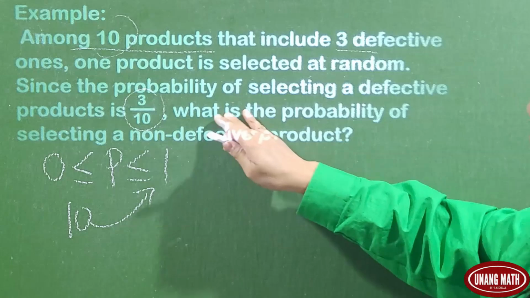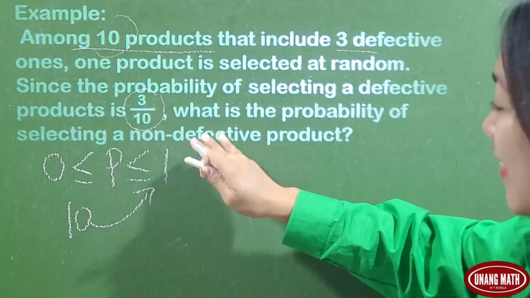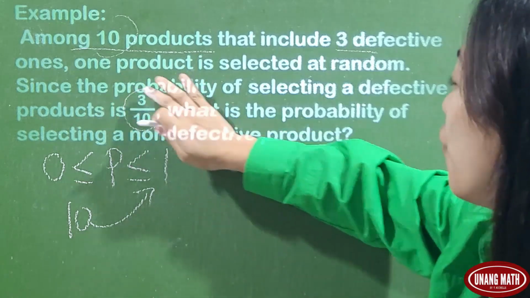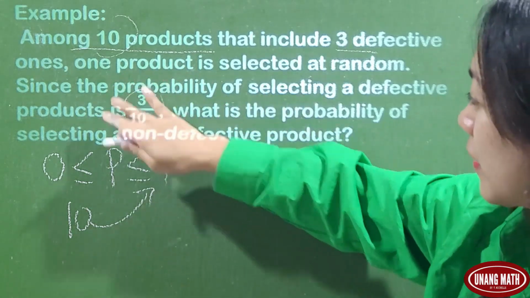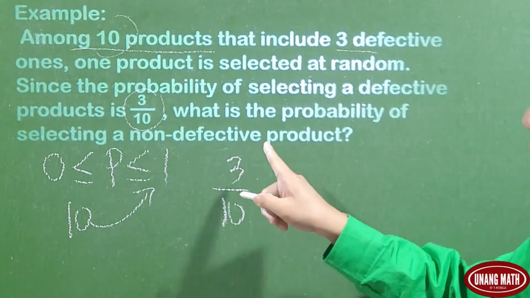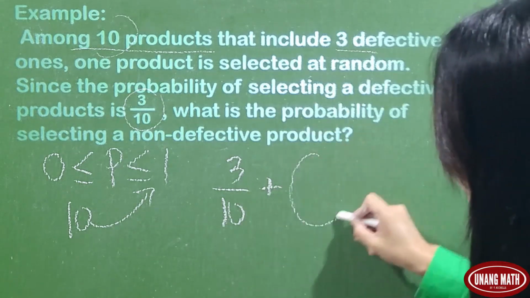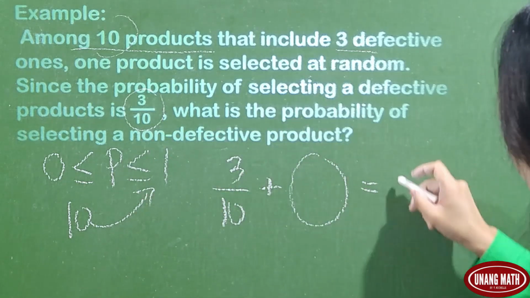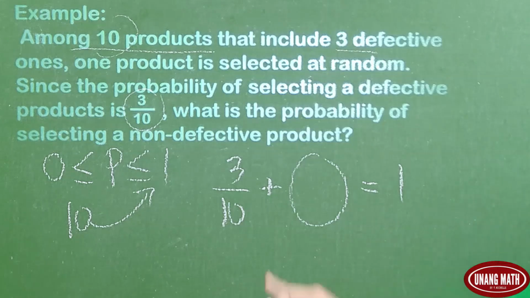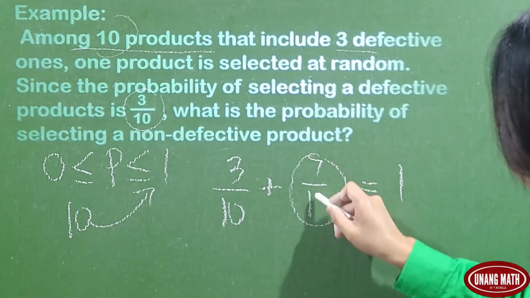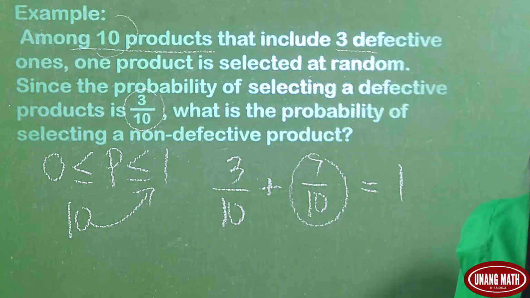How are we going to find the probability of selecting a non-defective product? The probability of selecting a defective product is 3 over 10. So 3 over 10 plus the probability of selecting a non-defective product is equal to 1. So this is 3 over 10 plus 7 over 10 to make it equal to 1.